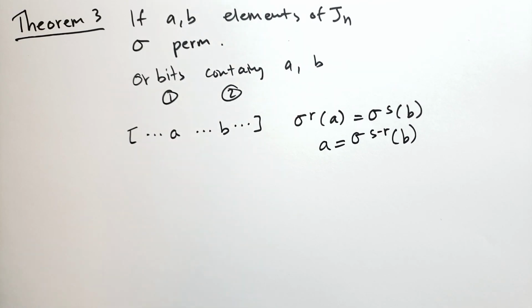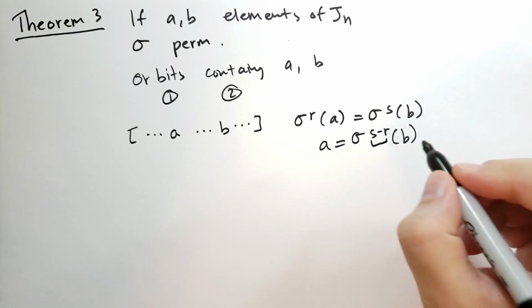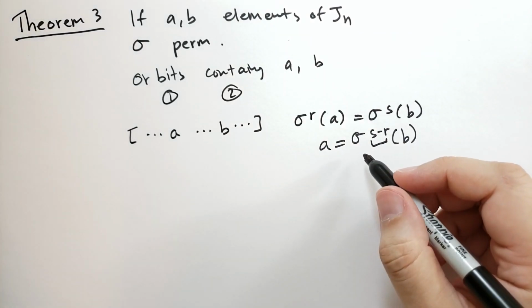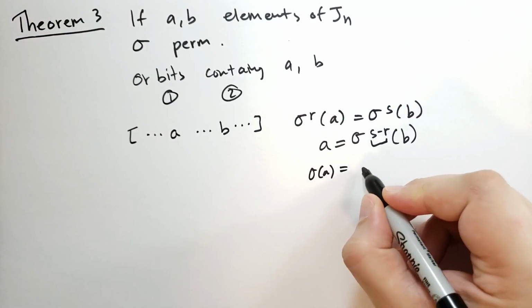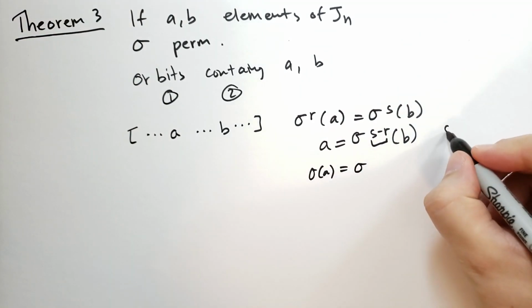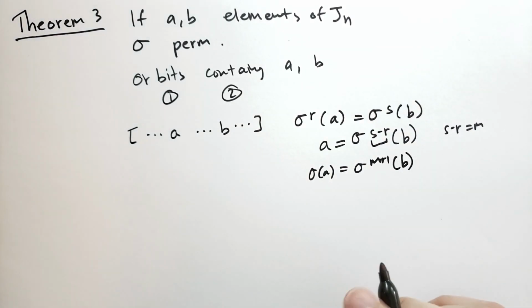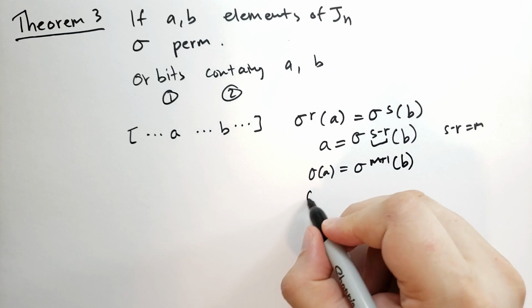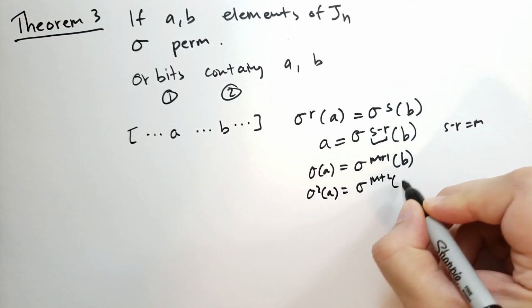Thus we see that A occurs as some sigma m of B, where m is an integer, okay? And that means that sigma of A is equal to sigma of m plus 1 applied to B, okay? And sigma squared of A is equal to sigma of m plus 2 of B.